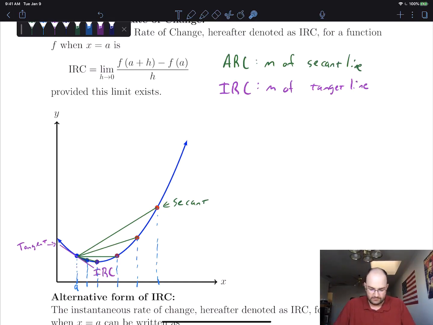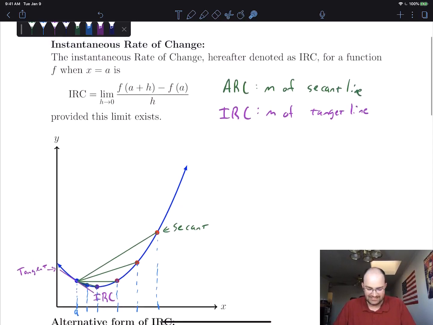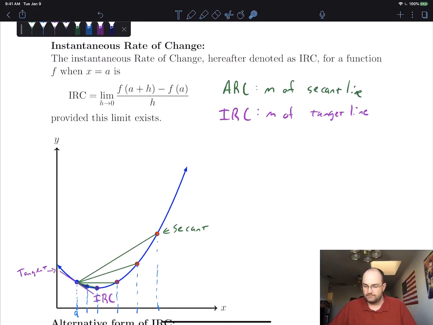Now the differences between the average rate of change and the instantaneous rate of change can be thought of as, say, driving to Amarillo. So here in Dumas, it's about 40 miles, and it takes about 30 minutes to get there. If you take that 40 miles divided by half an hour, that would be something like 80 miles per hour. And that would be your average rate of change.